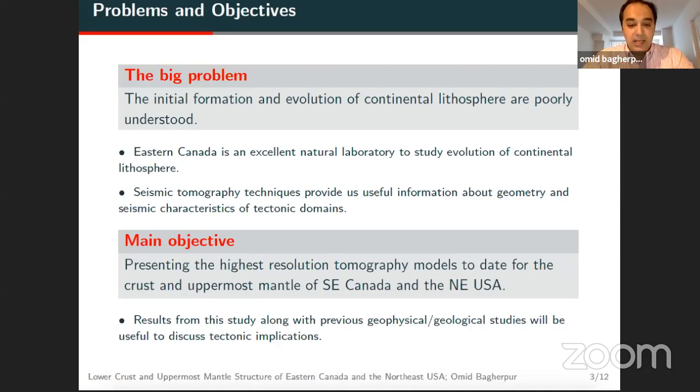Good news, Eastern Canada is an excellent natural laboratory to address this issue, because it has experienced a very long tectonic history. So in this study, I use a surface wave tomography technique to obtain the highest resolution velocity structure of southeastern Canada and northeast USA to date, and the depth range is between 50 to 200 kilometers.